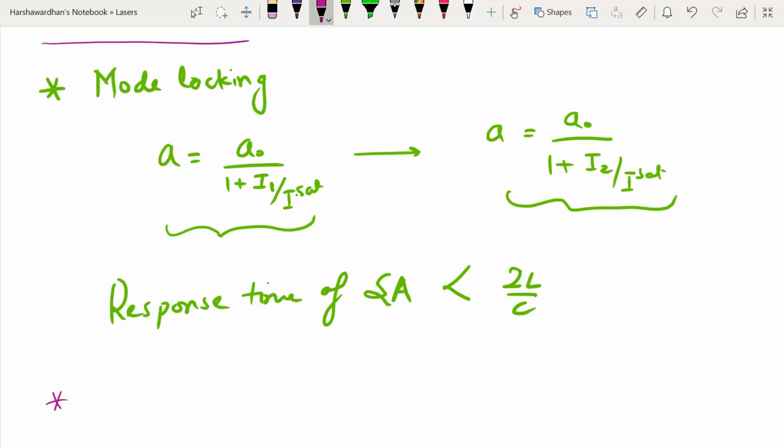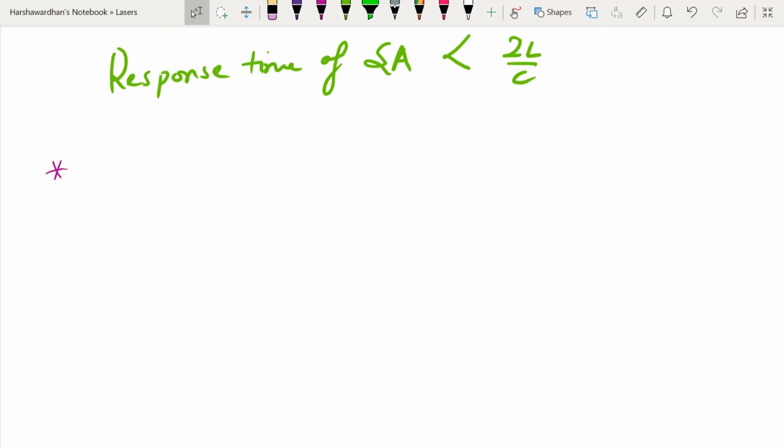Now, if you look at the other aspect, you remember in Q switching, what we want is to ensure large unsaturated gain even after the saturable absorber has got saturated. So the saturable absorber gets saturated at a particular saturation intensity, but that intensity should not be so high as to saturate the gain which is being built up in the gain medium.